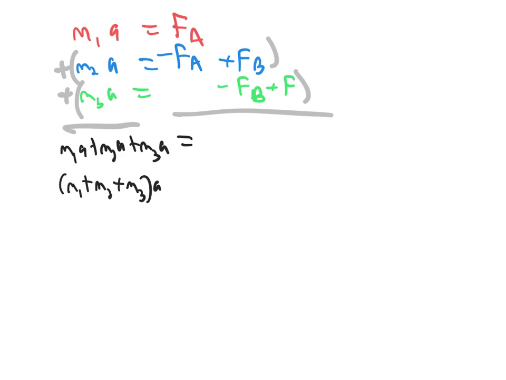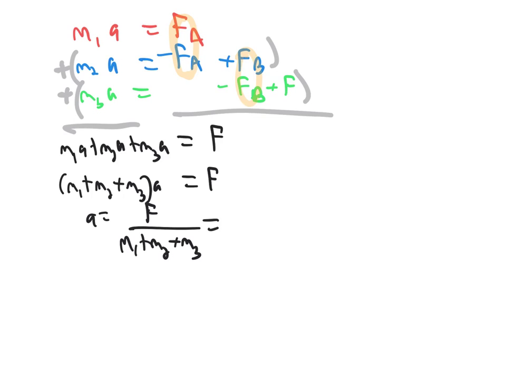We have FA minus FA, right? FA plus minus FA, that's really just 0. And FB plus minus FB is really just 0. And so when all is said and done, all we have over here is F, which allows us to say that the acceleration is the force over M1 plus M2 plus M3, which is kind of neat.